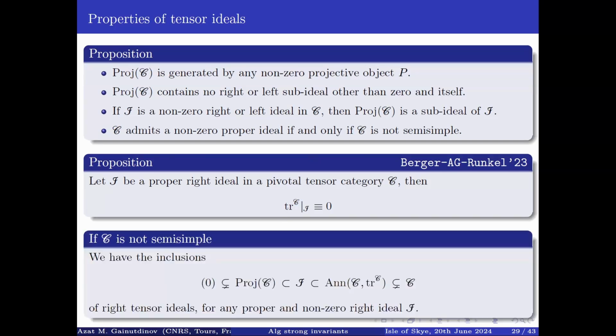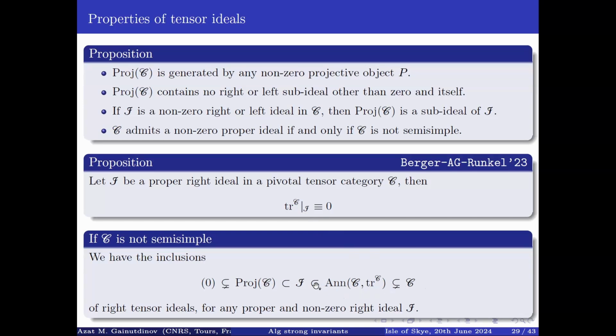So one can also show that we have inclusions. We have this fundamental ideal of projective objects. Then we have category C. It contains a proper ideal, the annihilator of this categorical trace, basically all negligible objects, or all objects with 0 quantum dimension or with 0 categorical dimension. And this is kind of the biggest proper ideal.